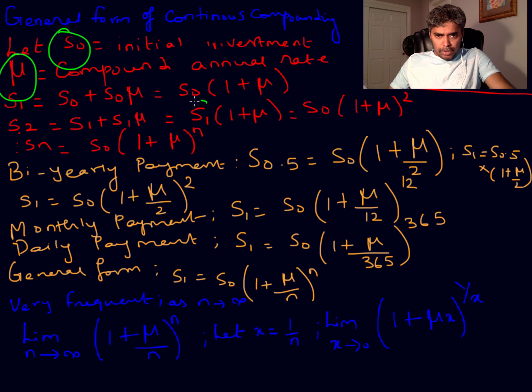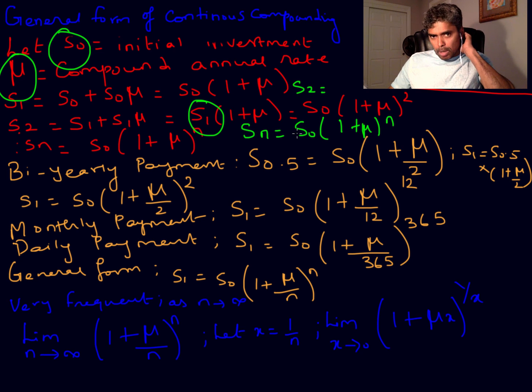And if we substitute the S1 from the previous equation, the S2 is equal to S0 times 1 plus mu the whole square. If we continue this, then the general form of the Sn is going to be S0 times 1 plus mu to the power n. So this is basically the general form of the continuous compound interest if the annual interest is paid at the end of the year.